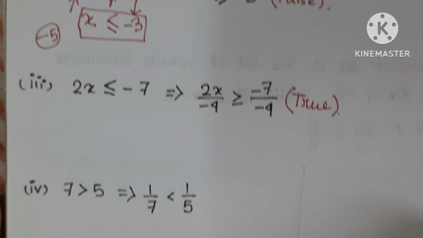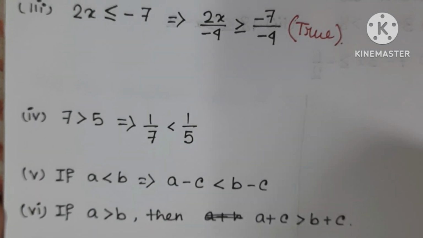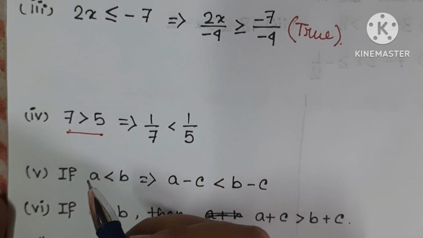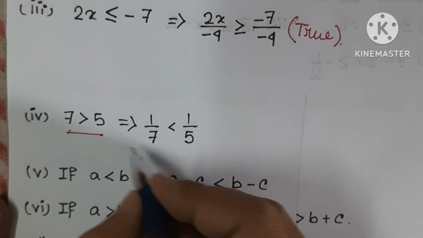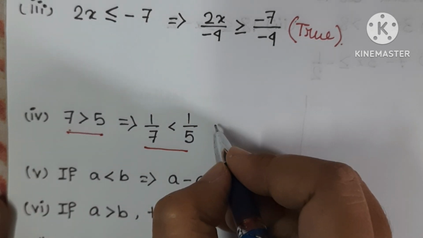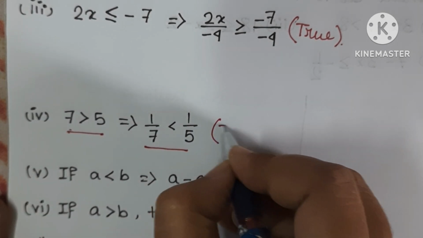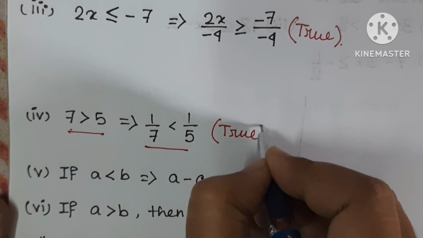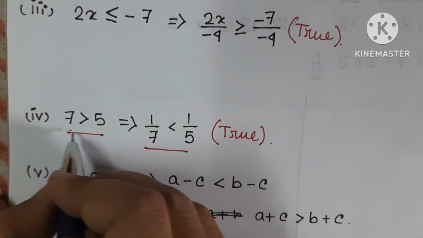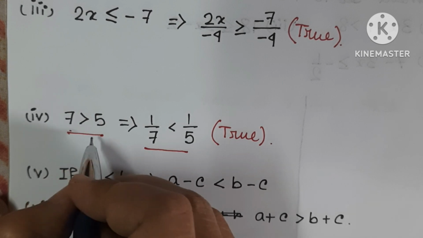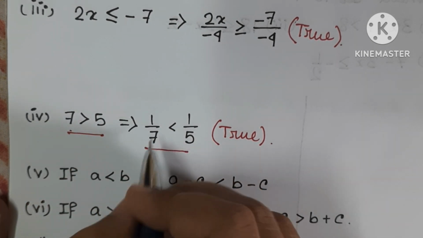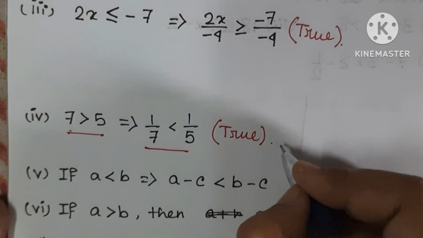Next one is 7 is greater than 5, which means 1 by 7 is less than 1 by 5. Yes, obviously that is also true. Why? Because both terms are positive numbers and you take the reciprocal, so it will be true.